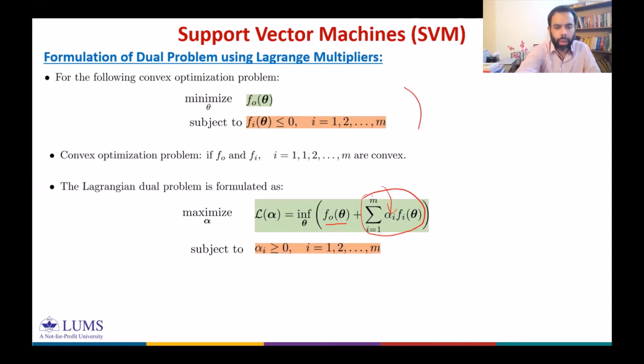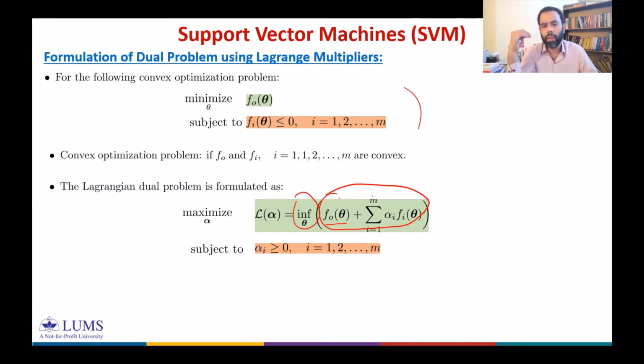If you look at this term, it is the objective function plus a weighted sum of inequality constraints. And we take the infimum over theta. It simply means that with respect to theta, we are minimizing f naught of theta plus the weighted sum of inequality constraint functions.